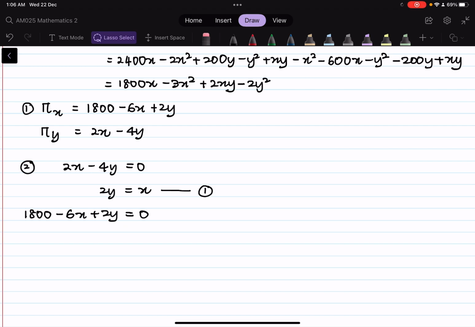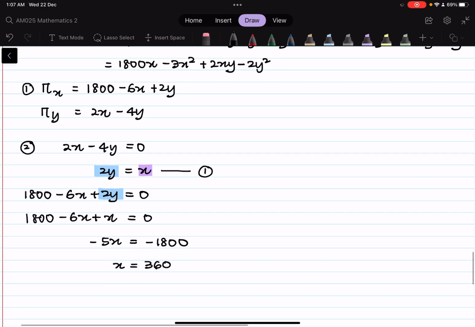So now we're going to substitute our 2y with x. We get 1800 minus 6x plus x equals 0. Negative 6x plus x is negative 5x, so negative 5x plus 1800 equals 0. Bring 1800 to the right hand side, it is negative 1800, and x equals 360.